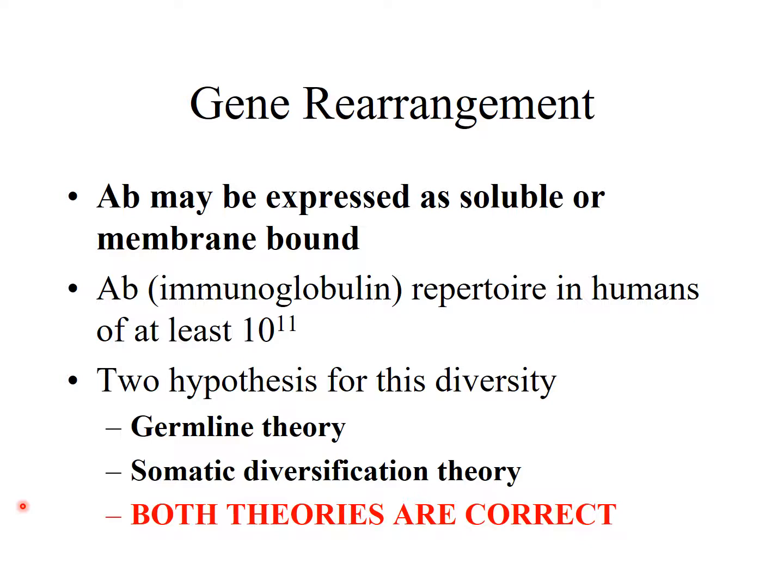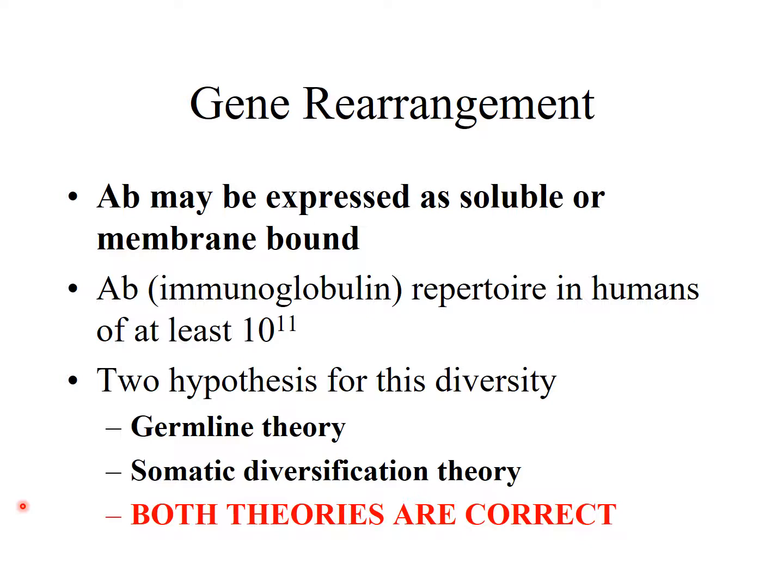This theory says that this large repertoire of billions of different B cell receptors is due to rearranging certain gene loci, certain gene sequences. So yes, our germline theory does hold to an extent.